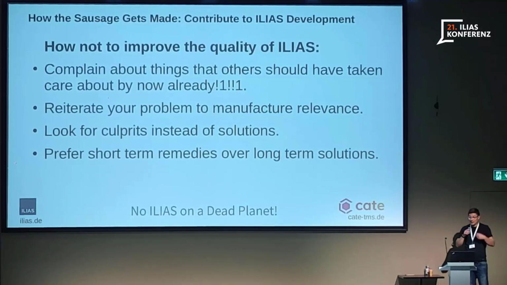So complaining about things that other people should have taken care of or should have done by now is not a way to improve ILIAS quality, because then we are too late in the process. Rather try to change the process in a way that we can discover these problems earlier. Complaining afterwards might be good for your emotional health, that's fine, but it's not a way to improve the quality of ILIAS. So we need to find solutions for problems and not just complain about problems.